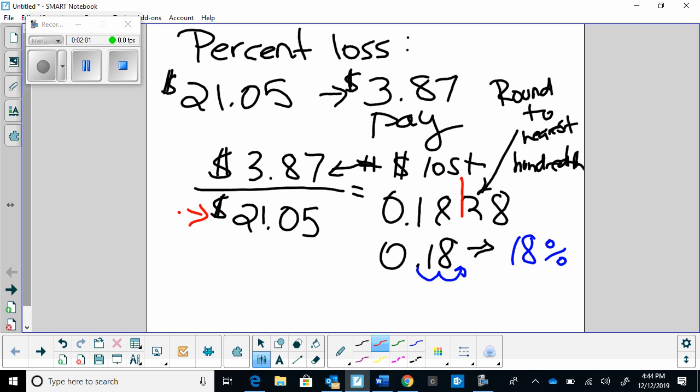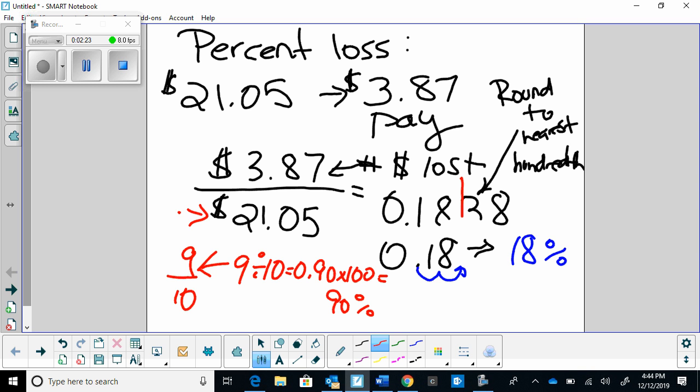Another way you can think about this: if I get 9 out of 10 on a test, and I'm trying to get my percentage, how much did I get right? I would go 9 divided by 10. That would give me 0.90, and I'd multiply that by 100 to get my percentage, 90%.